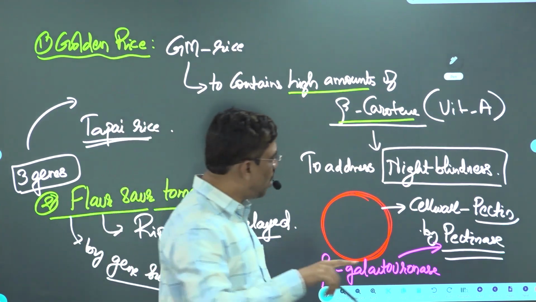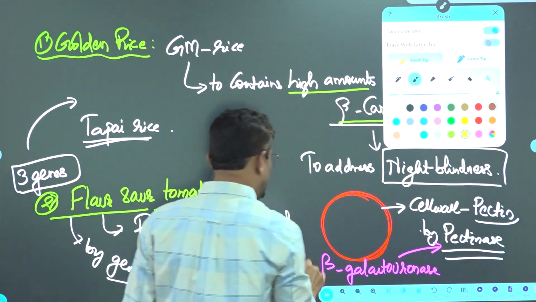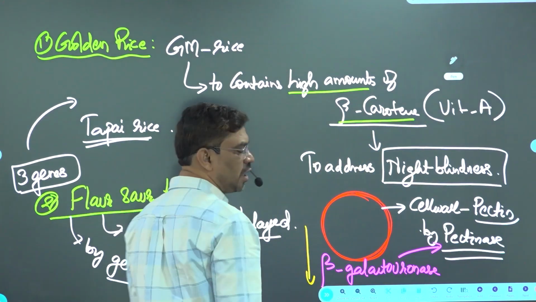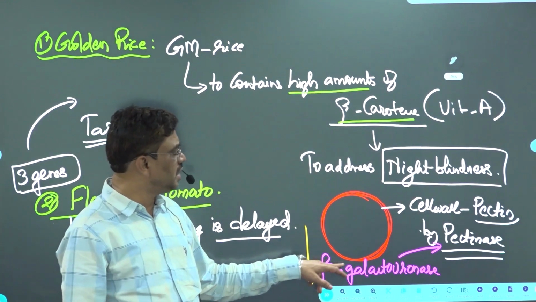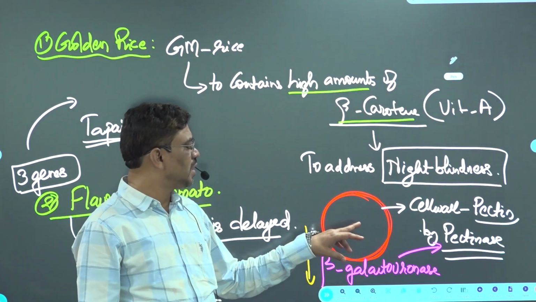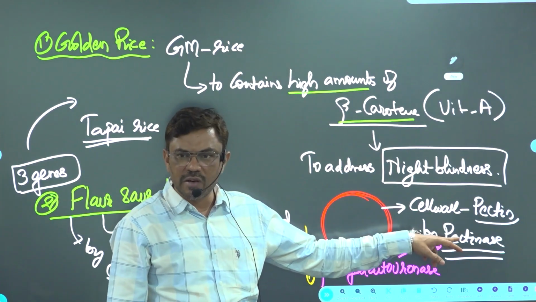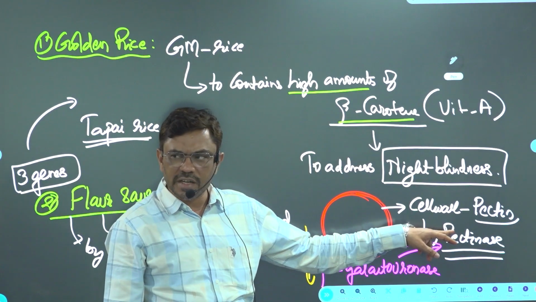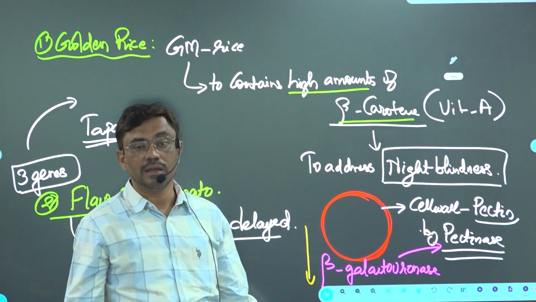Now, by this gene suppression process, we are suppressing the activity of beta-galacturonase. When you suppress the activity of beta-galacturonase, automatically the activity of pectinase will be reduced.